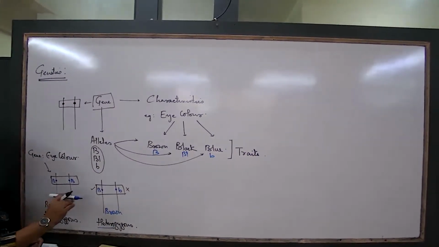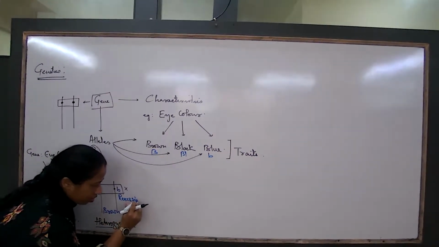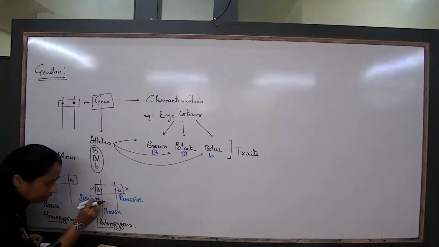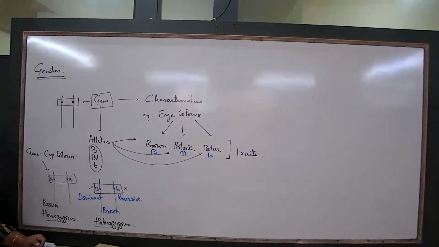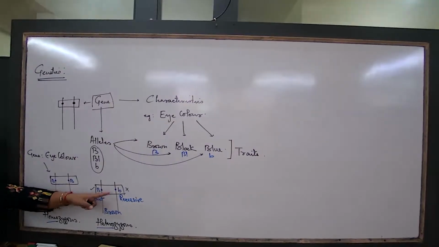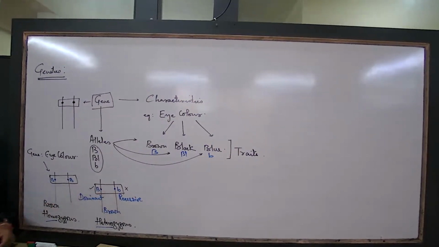The allele which does not express is known as a recessive allele, and the allele that expresses is known as the dominant allele. The allele that expresses is known as dominant, and the allele which is not expressing is known as recessive.